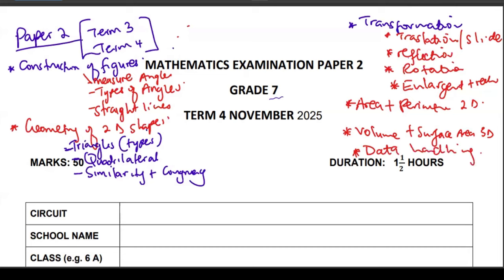So these are the topics that will be in paper 2 for this particular year. I'm going to use this paper as a guide or a dummy, just to help us in our preparation for that examination. I hope all these topics will be in this paper. The paper is 50 marks for 1.5 hours.